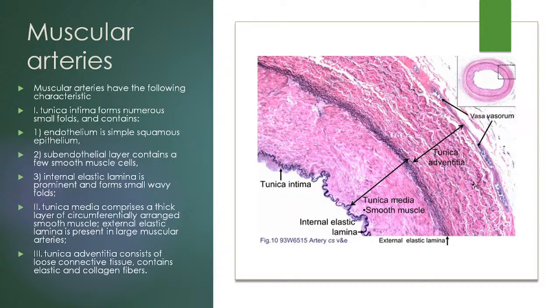Muscular arteries. Blood passes from the elastic arteries via arteries of intermediate type into the muscular distribution arteries.